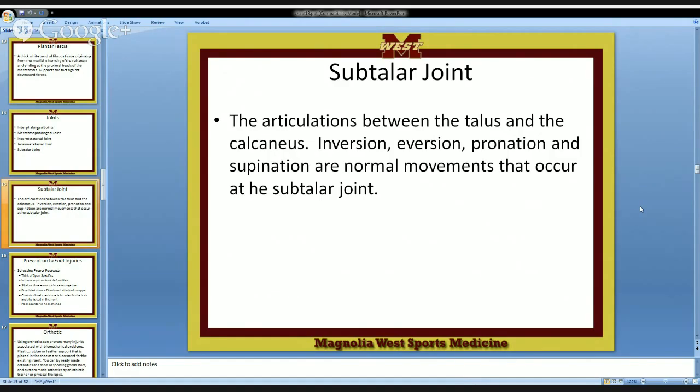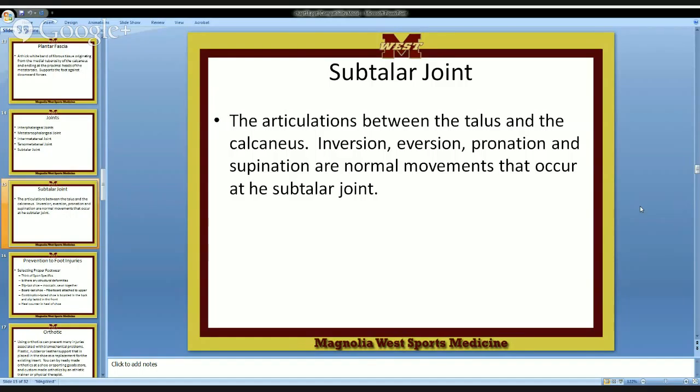All right. The articulations. What's articulations? Articulations are where two bones connect. So the articulation between the talus and the calcaneus is your subtalar joint. That makes sense because the talus sits up here and the calcaneus is below it.